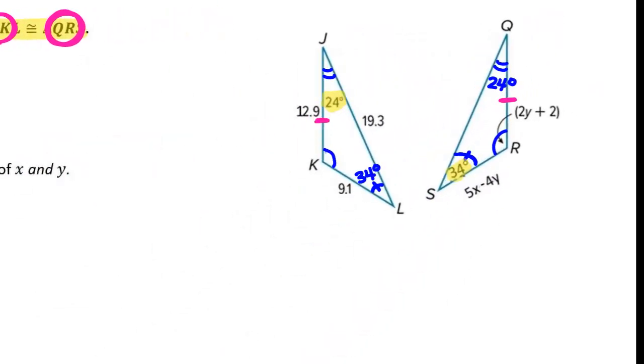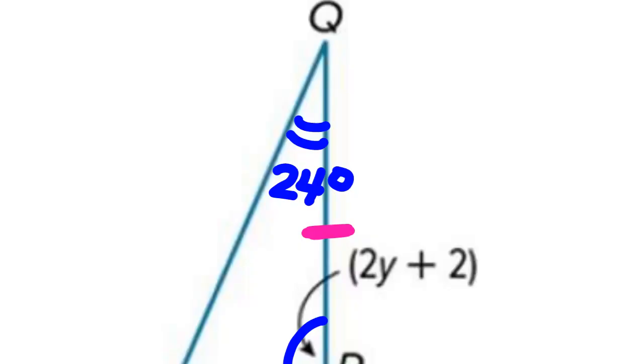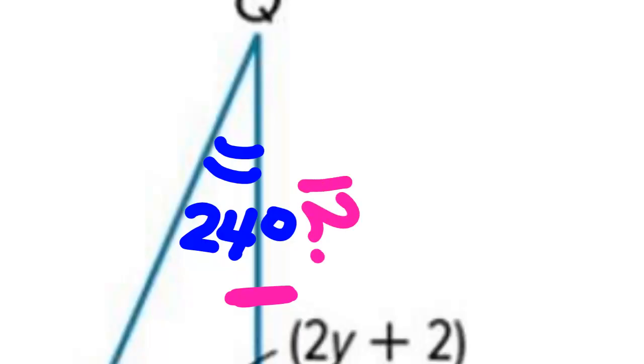Do we know how big either one of those is? One of them. Which one? Yep. 12.9 is for JK. So how big is QR? 12.9. See if I can find a good spot to write that. 12.9 for this side here.